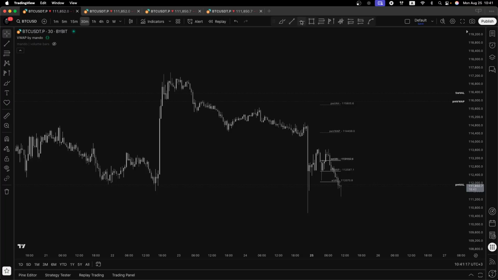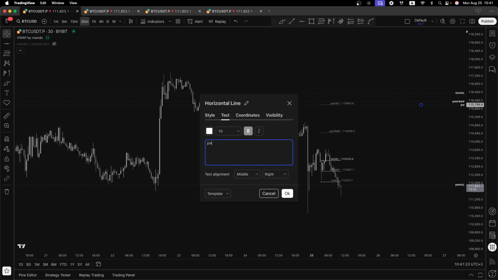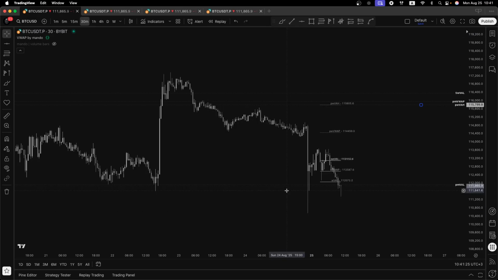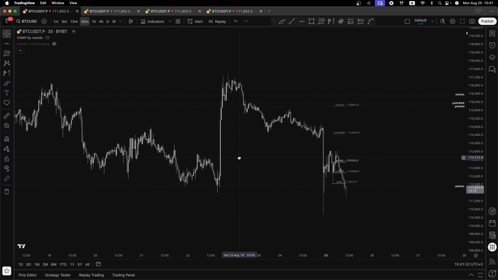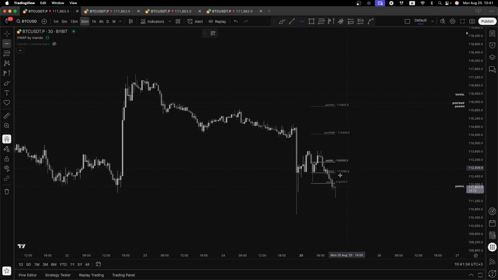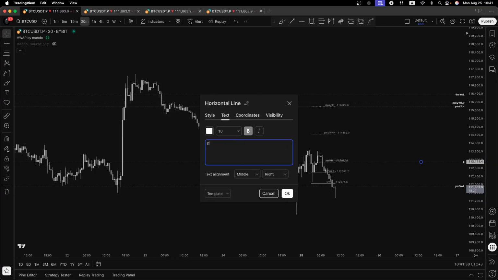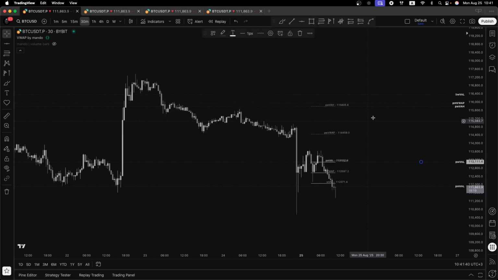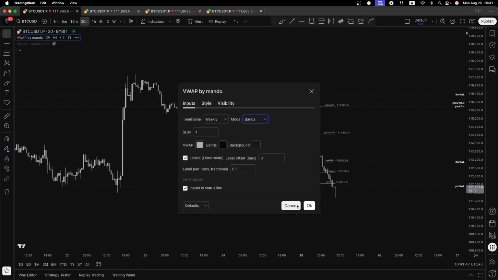So one level would be previous week value high, along with previous week value low. Right. Now let me mark this out again. So let me bring up the bench.